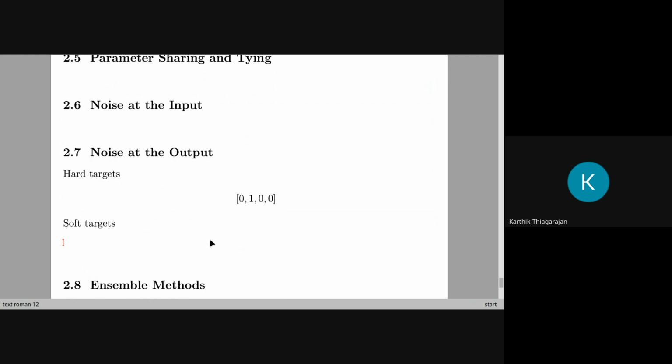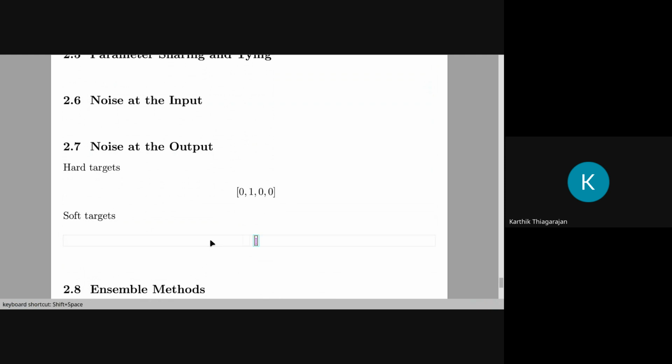What you do is you take away some of the weight from the true label. You take some epsilon of it away from here, and then redistribute it. So this becomes epsilon by 3, epsilon by 3, epsilon by 3.